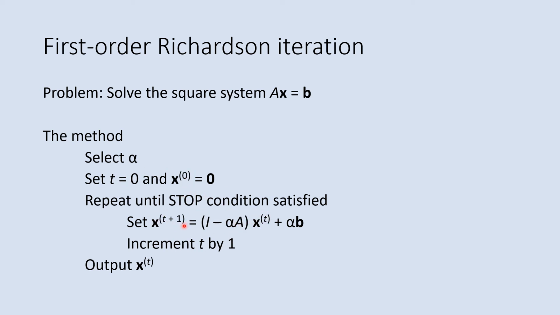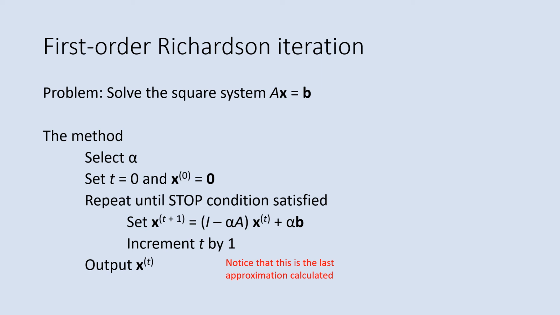T equals 0 gives us an x1. Now t is 1, and we do this again. We're using x1 here, and that gives us x2. Now t is 2, so we put x2 here. That gives us x3, and we keep going until the stop condition is satisfied. Either we've done enough calculations or we're close enough to the right answer, and we then output that last value. We output the appropriate xt.